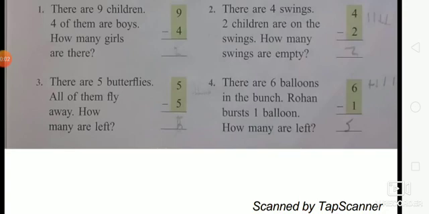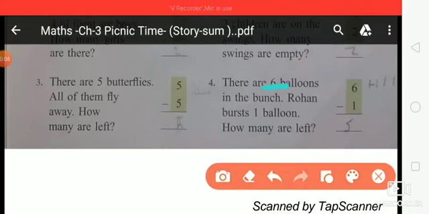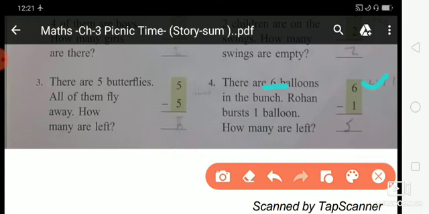First write your number 6. There are 6 balloons in the bunch, so first write 6. Rohan burst 1 balloon. How many are left?